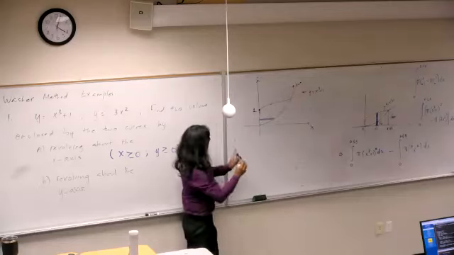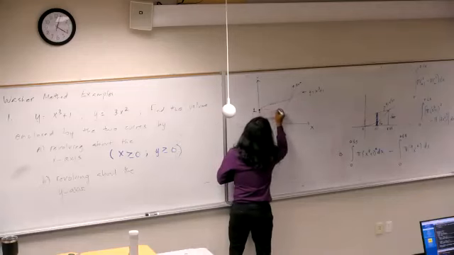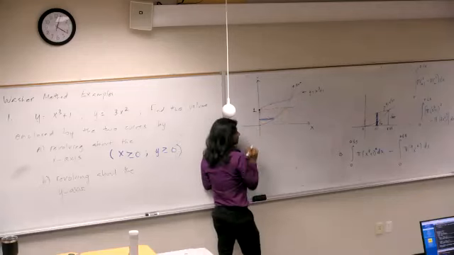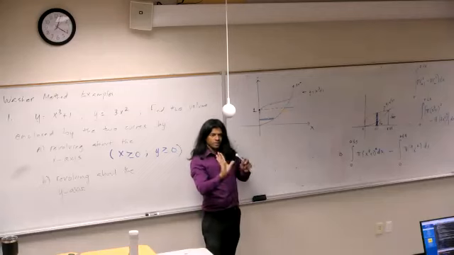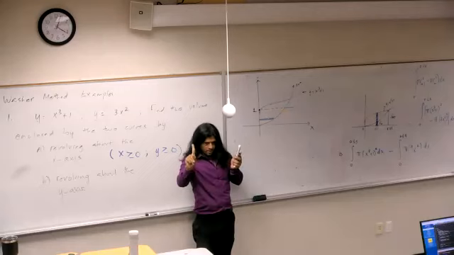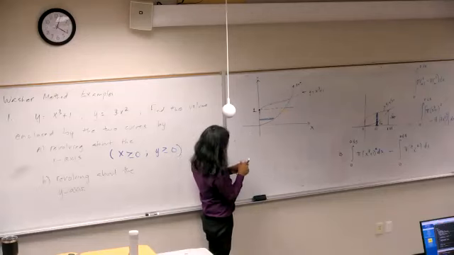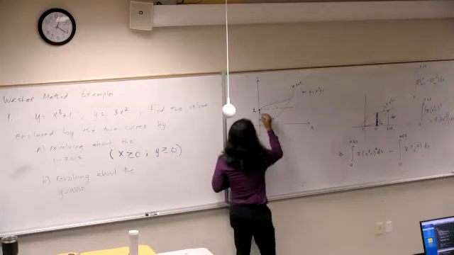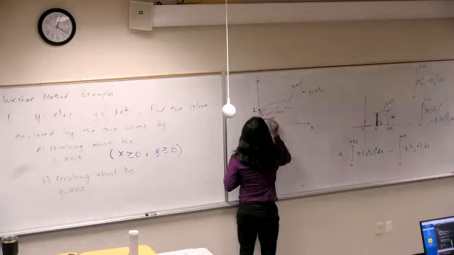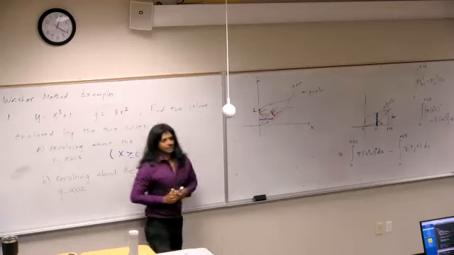Good. Until that point, the strip is moving along the axis and one curve. Agreed? So I'm going to call what is the volume that I would have here V1. Good.